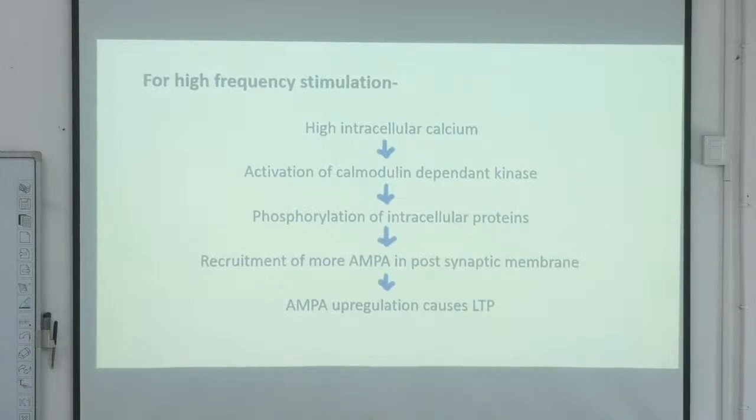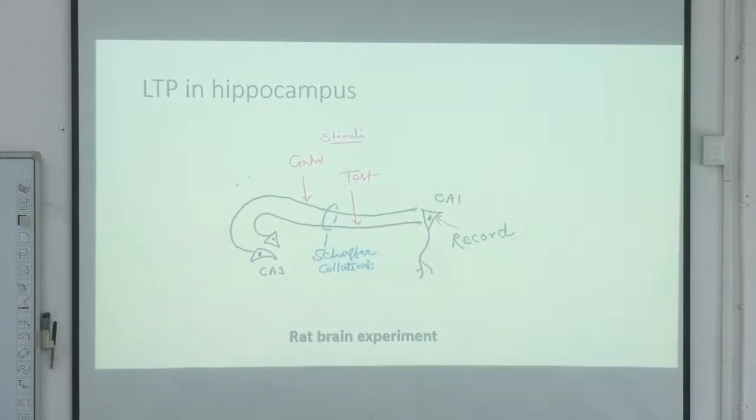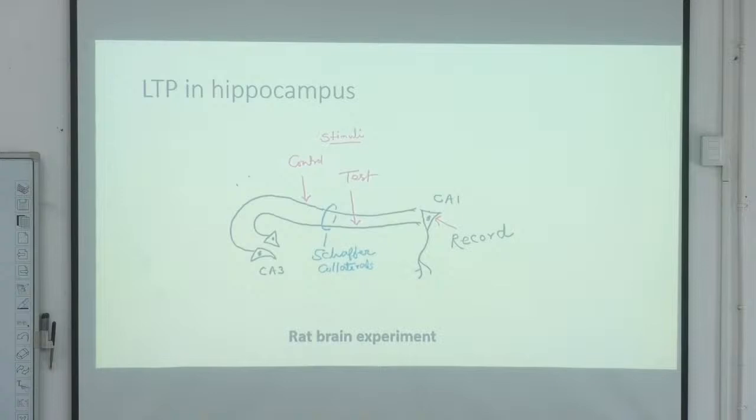Okay. So long-term potentiation, hippocampus: you remember I told you hippocampus is the gateway of memory. In your memory, there are 3 structures responsible for your memory, right? One is your RAS, that is reticular activating system.